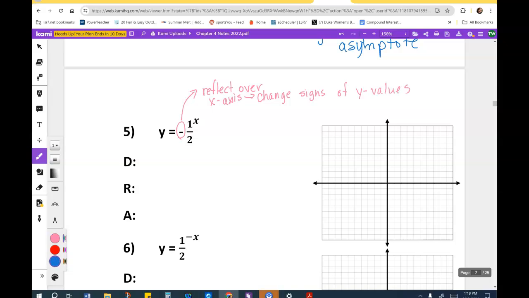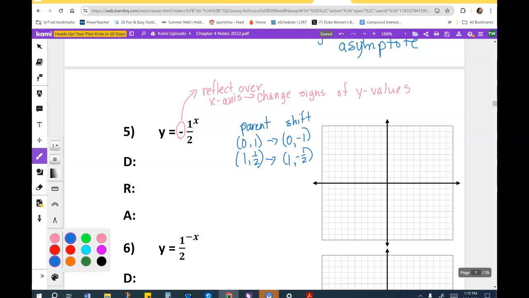Okay, so if my parent ordered pairs are 0, 1, and 1, 1/2, then my shifted ones, all I'm doing is reflecting over the x-axis, so my x's are going to stay the same, but my y values are all going to become negative because I'm reflecting over the x-axis.